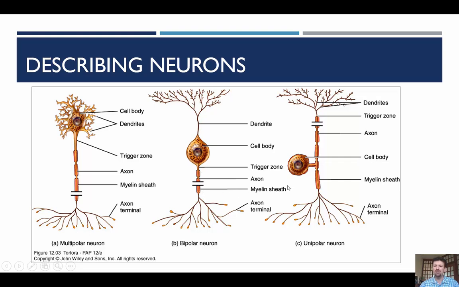And then you can also have unipolar neurons, which have a very strange shape, where the cell body is off to the side before it gives rise to the axon and the dendrites. So this is just one way of classifying the typical neurons that are found in the body. However, let me say the vast majority of our neurons are multipolar neurons.